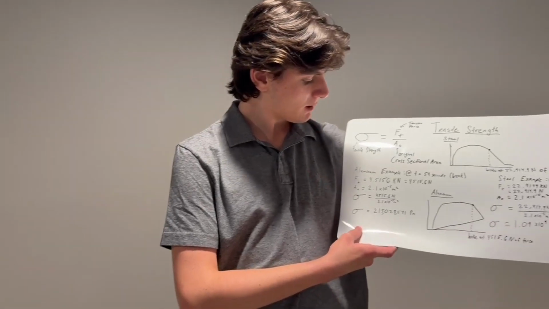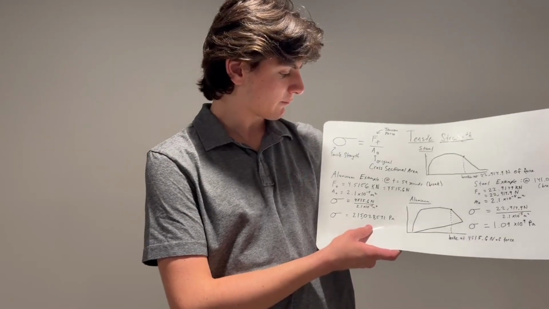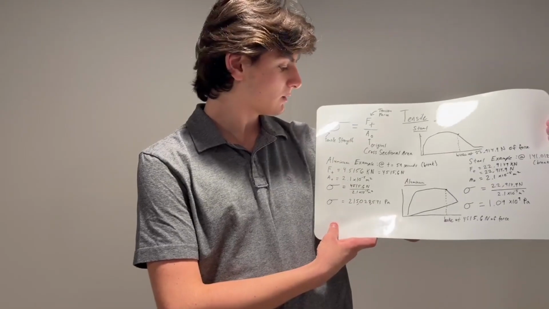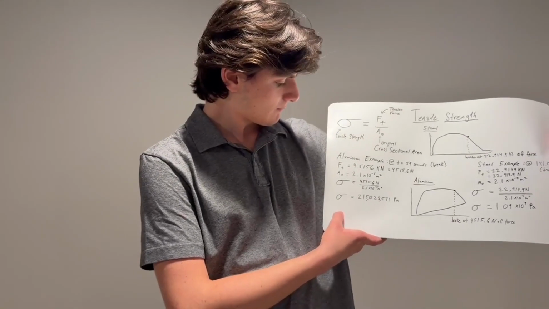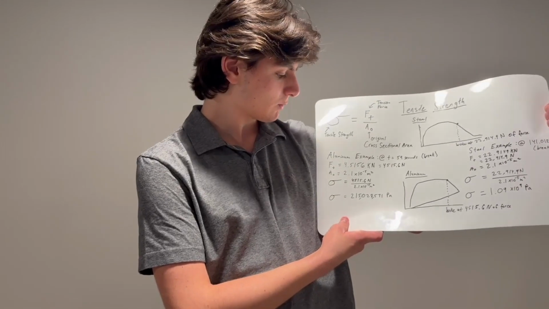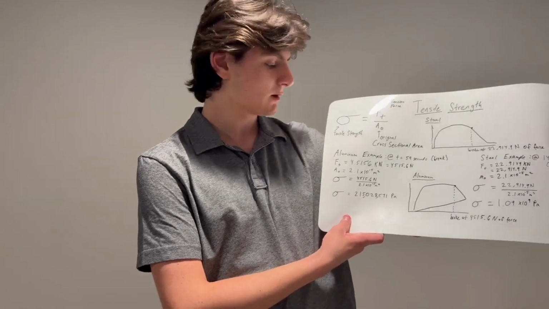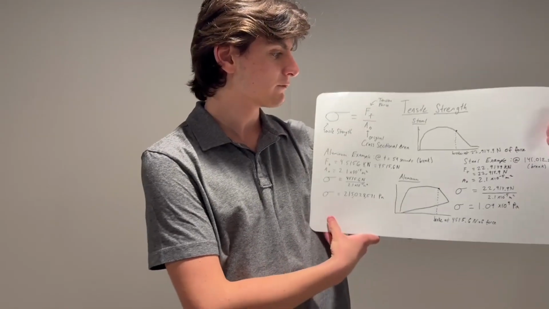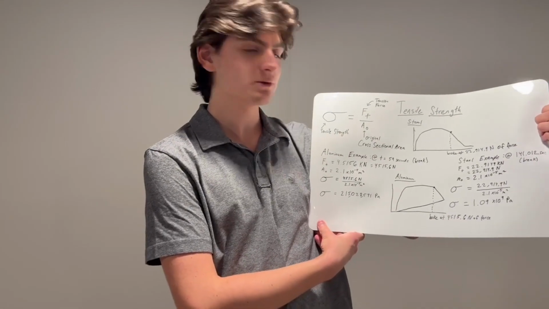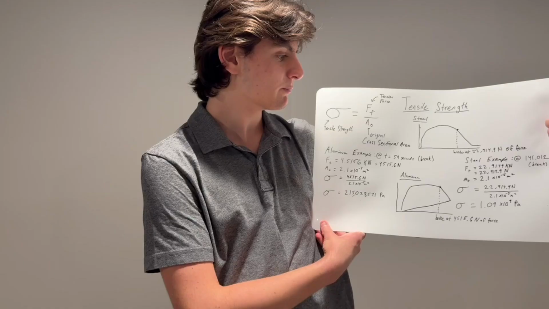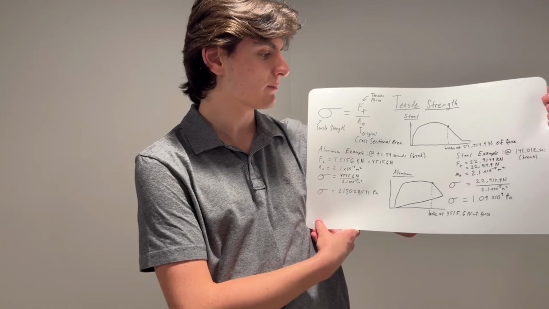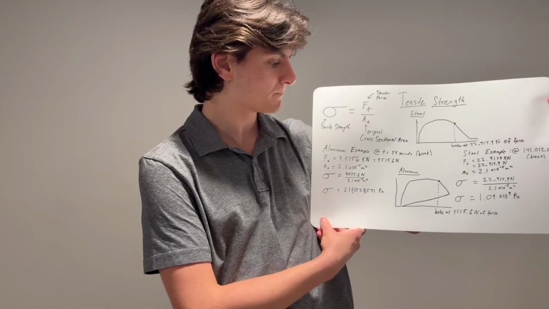In the aluminum, I had to convert the force into newtons as it was in kilonewtons. Then I divided to get 215,028,571 pascals. For the steel, I also had to convert into newtons, as that was also in kilonewtons. I then proceeded to divide to get 1.09 times 10 to the 9th power pascals.